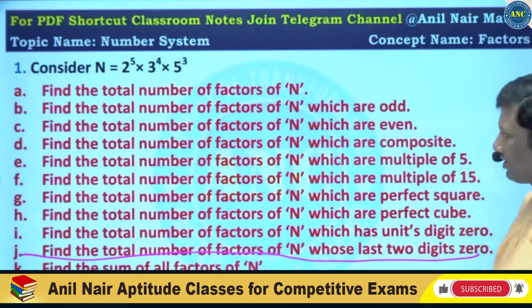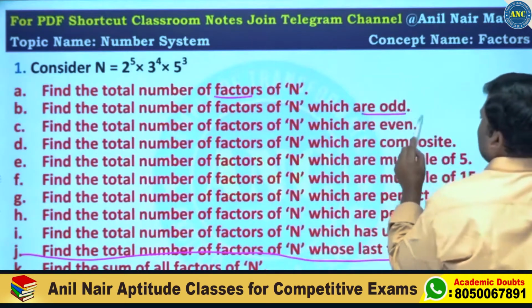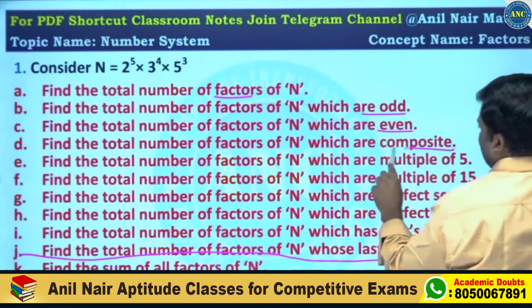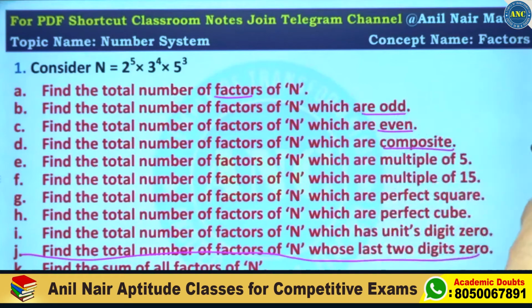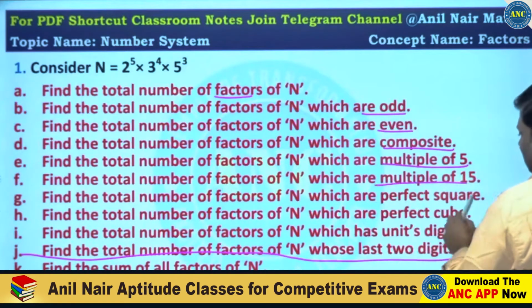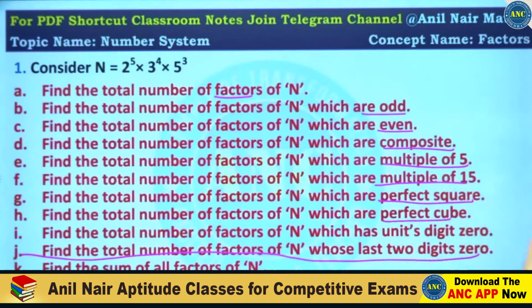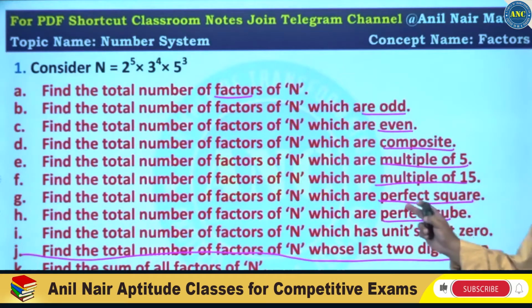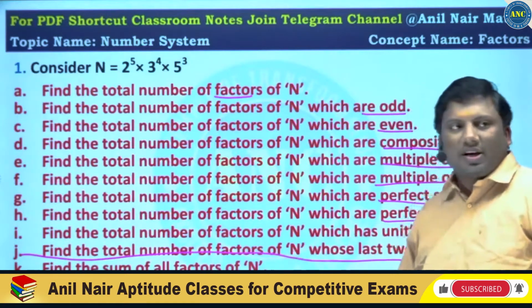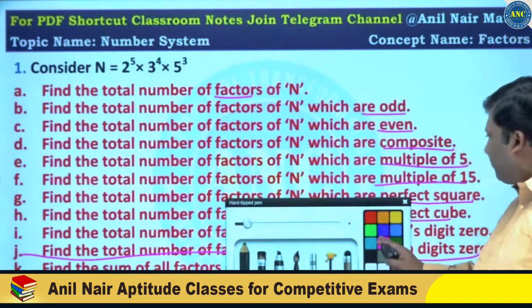Till H we discussed the concepts: factors, odd factors, even factors, composite factors, multiples of 5, 15, perfect square and perfect cube factors. First we will solve A to H, then a concept related to I and J, then the questions related to K and L.